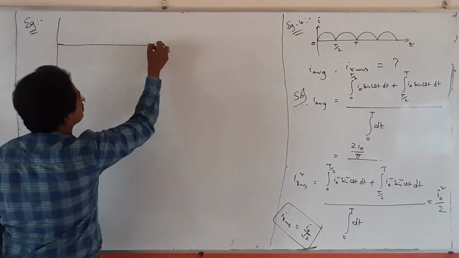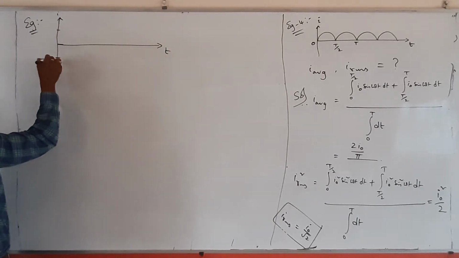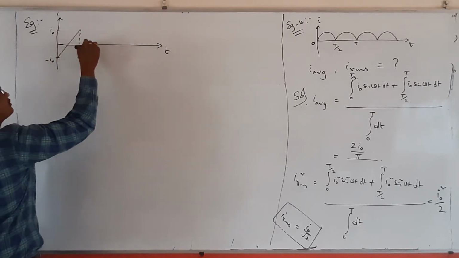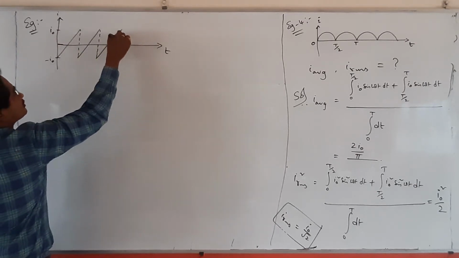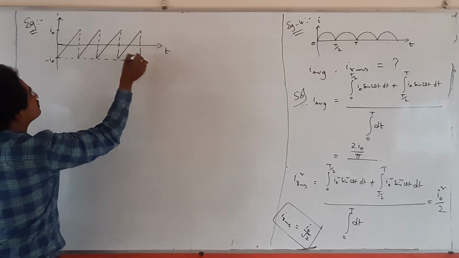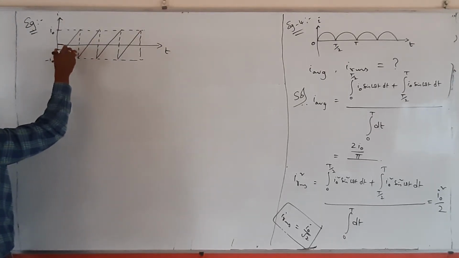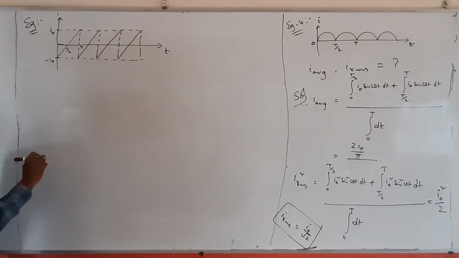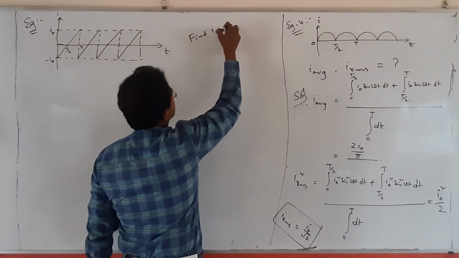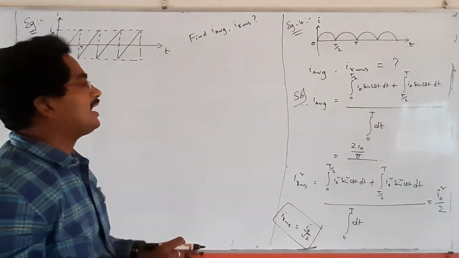The current varies linearly from minus I naught to plus I naught, over the period T. Okay, for this one I want to find I average and I RMS.